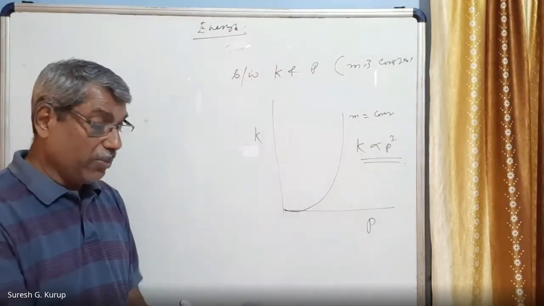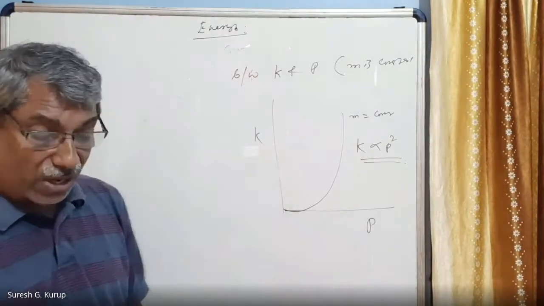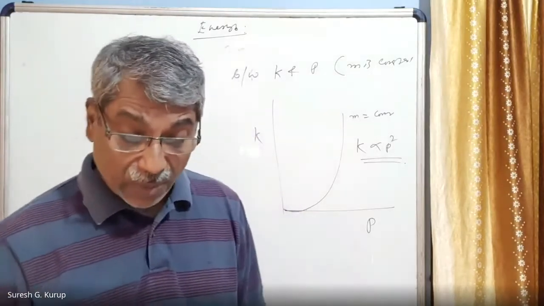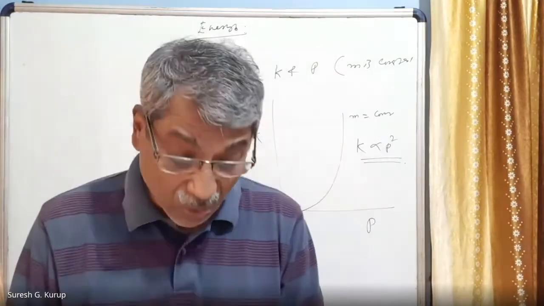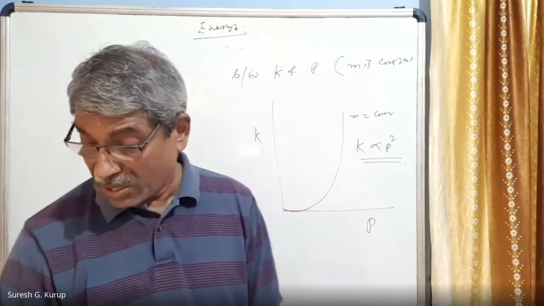This is also important. And next is work energy theorem. According to work energy theorem, the work done by the net force is equal to the kinetic energy attained by the body.